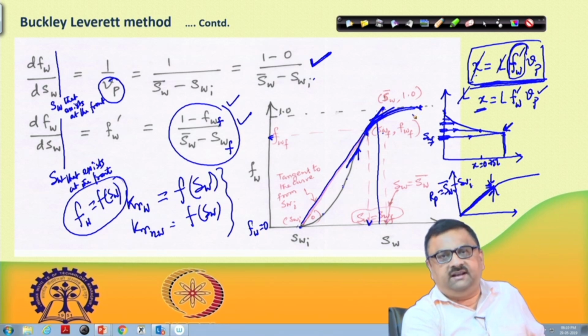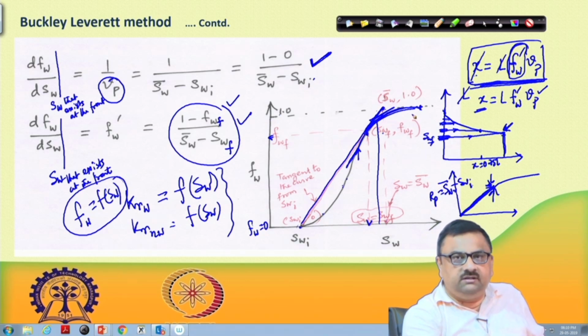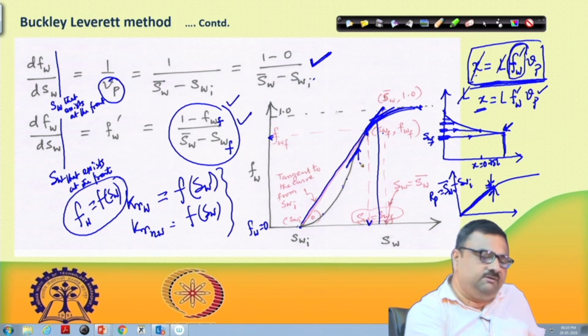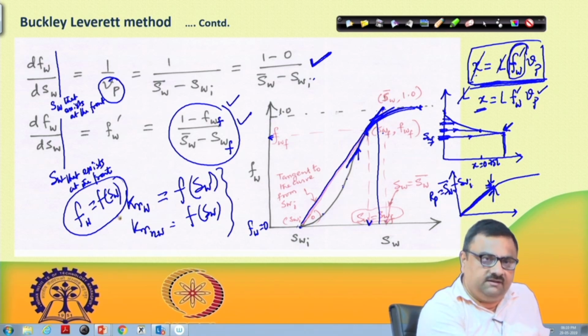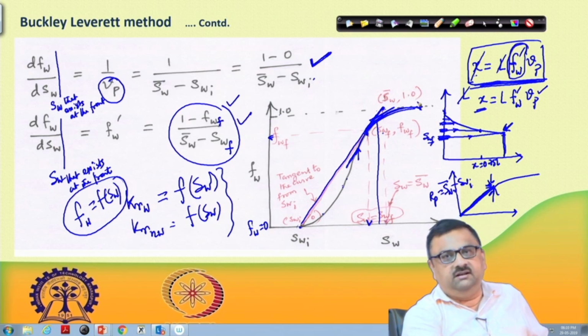Drawing a tangent is just a graphical approach to get a better feel. If somebody wants to do it analytically, that is also perfectly acceptable, because you can have an analytical expression of the fractional flow curve Fw as a function of saturation, and that function can be simply differentiated.